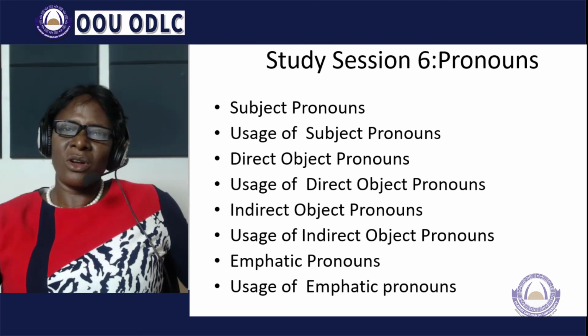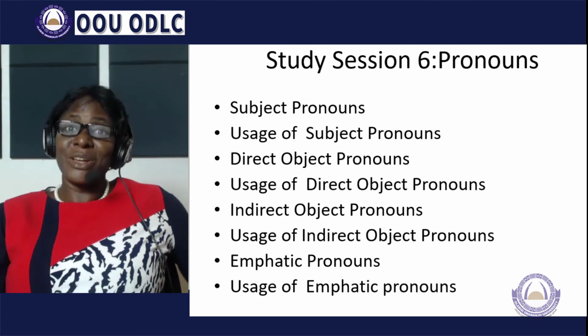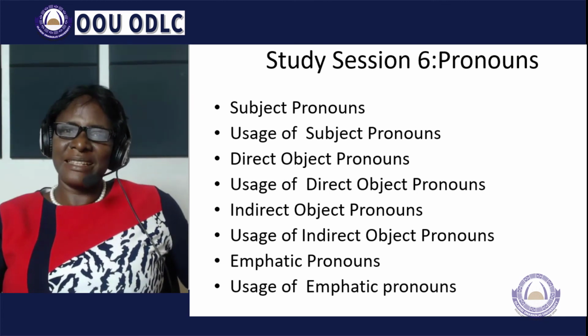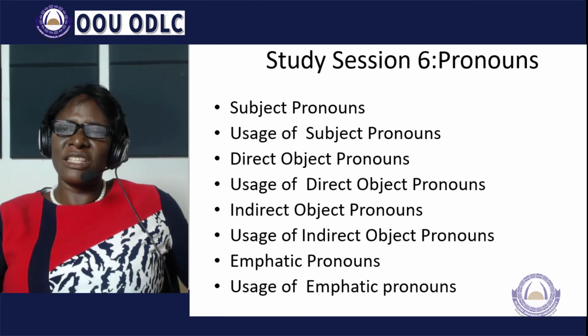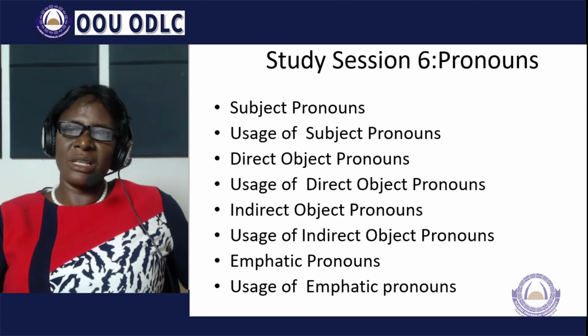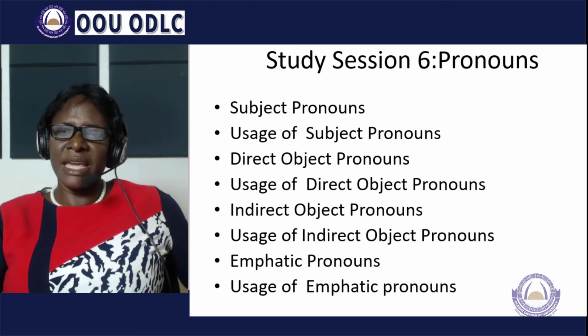Okay? Also, in study session 6, we have learned that in English we only have one word for you. The French has two. The first, tu, is used only when talking to one person at a time and only if that person is a member of your family, maybe a good friend, someone about your age.